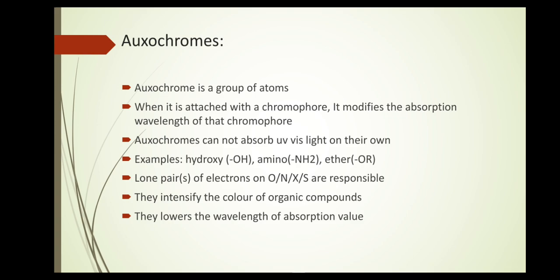The examples include hydroxy, OH group, amino, NH2 group, and ether group, OR group. So these groups generally act as auxochromes, and whenever they are attached with a chromophore, they will alter the absorption wavelength of the chromophore. And one more fact is that the auxochrome generally contains oxygen, nitrogen, halogen, or sulfur.